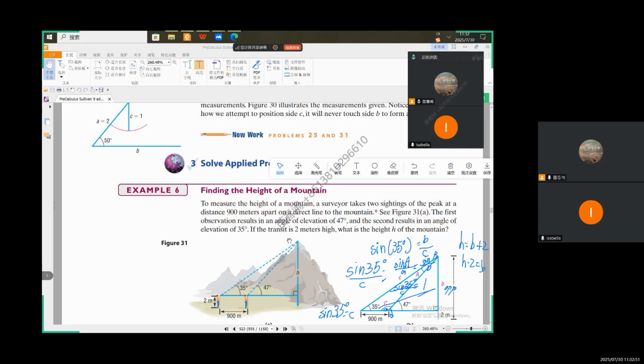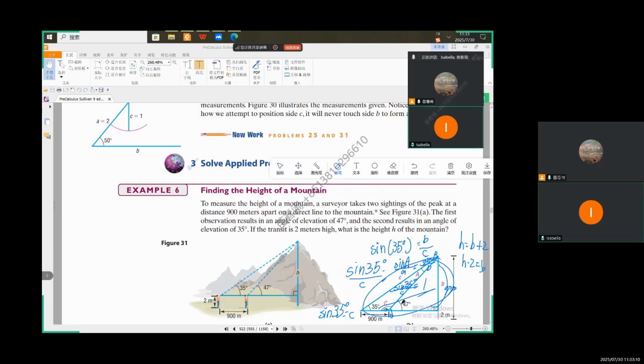So eventually, one. Which part is eventually one? We have 900. Which triangle are you using? The A, B, C. I'm trying to use this. I don't know.